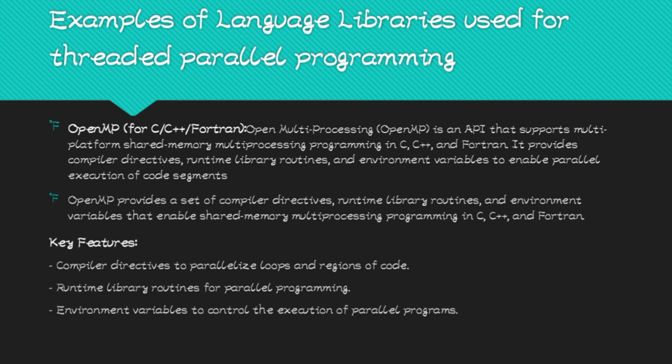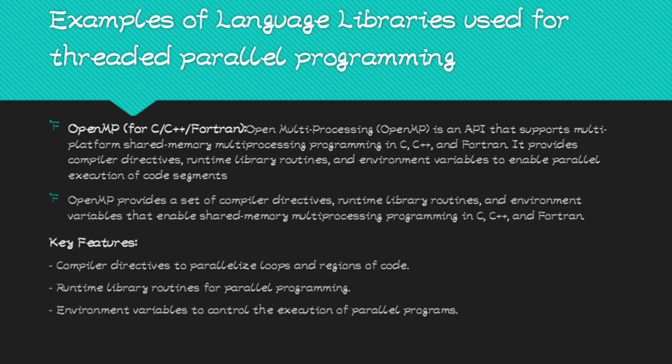With this, we get to know that OpenMP is widely used for parallelizing code in those different languages on multi-core processors. So they are key, and they provide a set of compiler directives, runtime library routines, and environment variables that enable shared memory multiprocessing programming.